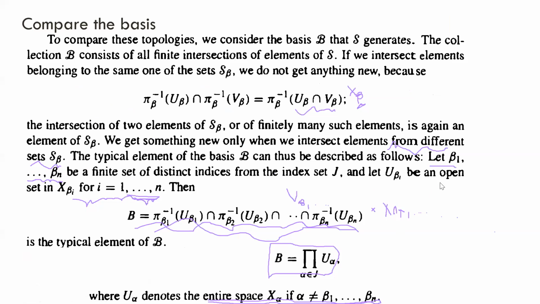Okay, I can draw this. If it's 3-dimensional, like the 3 Cartesian products, here this is the X, this is Y, and this is the Z coordinate.